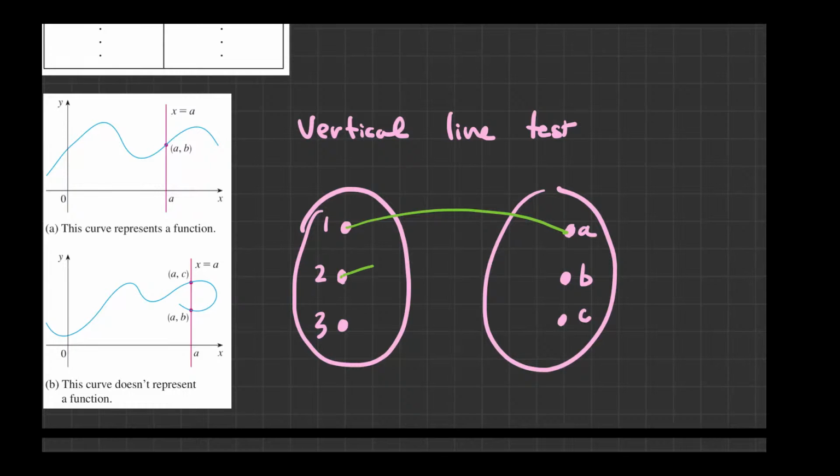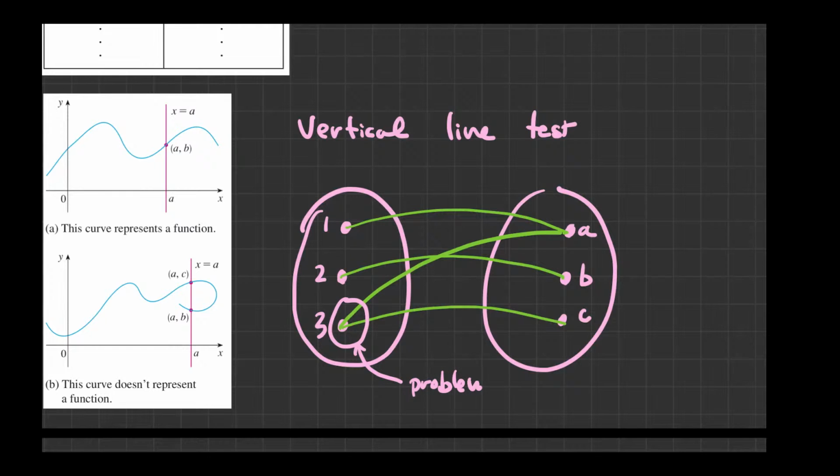Let's say we have this really straightforward relation, but in addition to 3 going to C, I also had that 3 goes to A. Now this causes a problem. Our problem is that 3 maps to both A and C. So that would not be a function anymore.